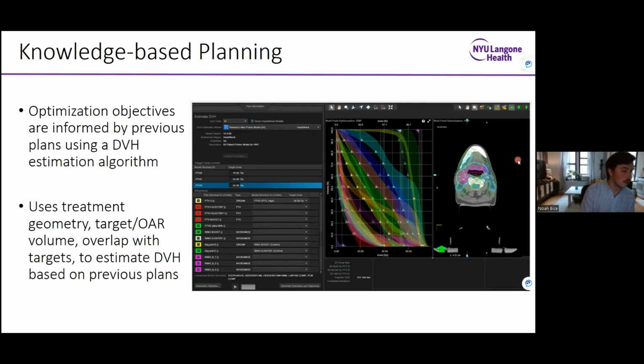Given this patient's treatment geometry and anatomy, what do we think are the feasible optimization objectives for this patient, and then auto-populate those parameters. That's potentially a great time saver and very exciting.